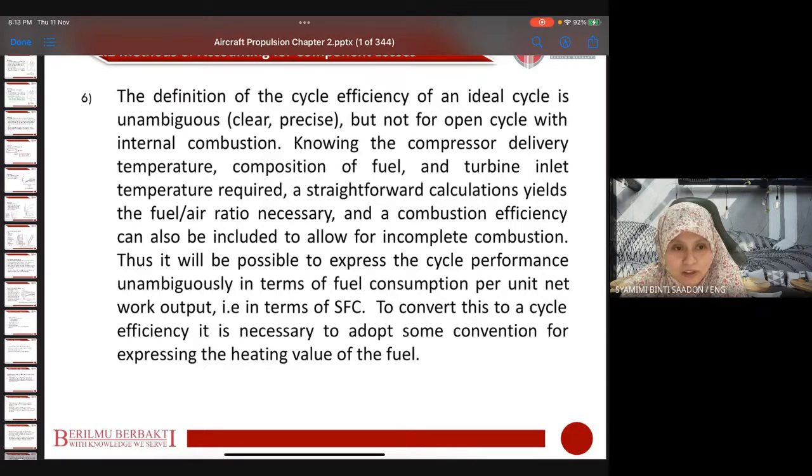So we need other parameters to characterize and measure this open cycle. One of them is SFC, what we call specific fuel consumption or thrust specific fuel consumption.